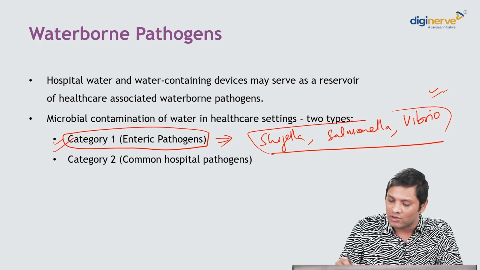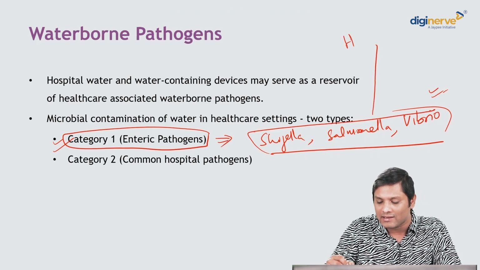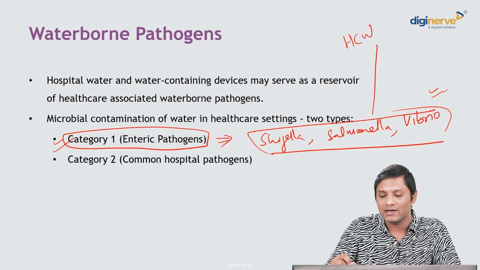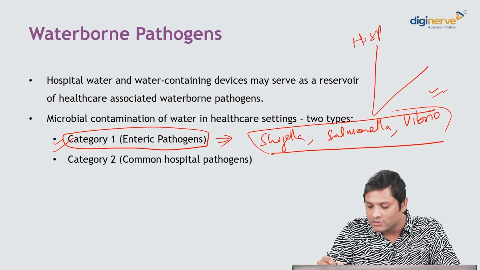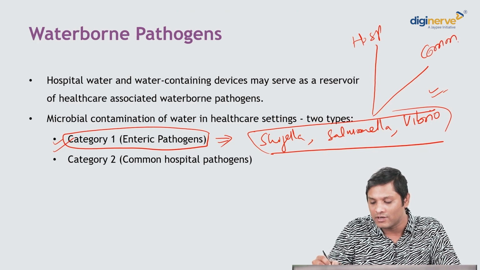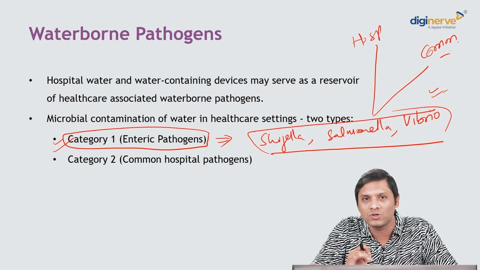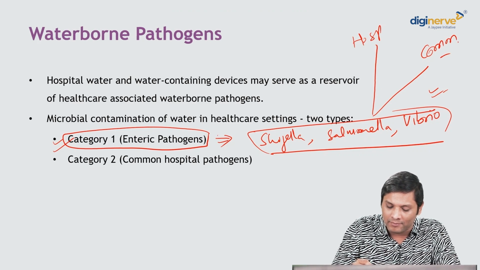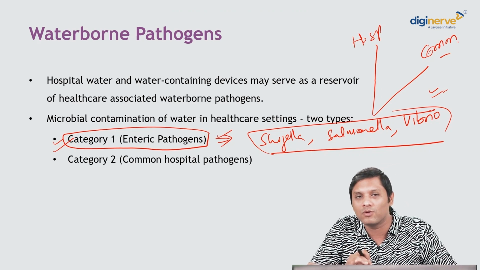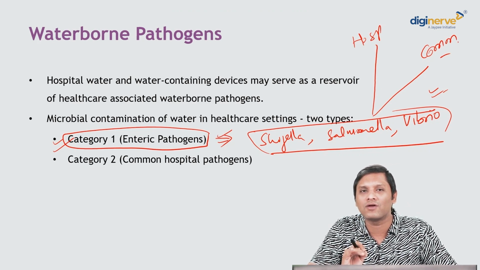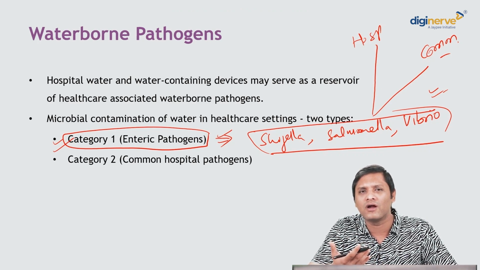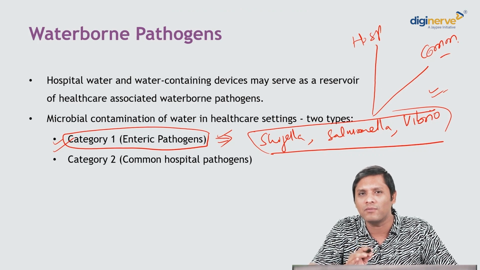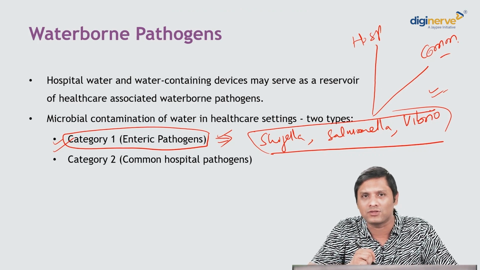This is not only important in healthcare settings, in hospitals, but also in the community. Drinking water should be free from enteric pathogens. This is what you have to ensure, that the drinking water, whether it is hospital drinking water or community drinking water, has to be free from enteric pathogens.